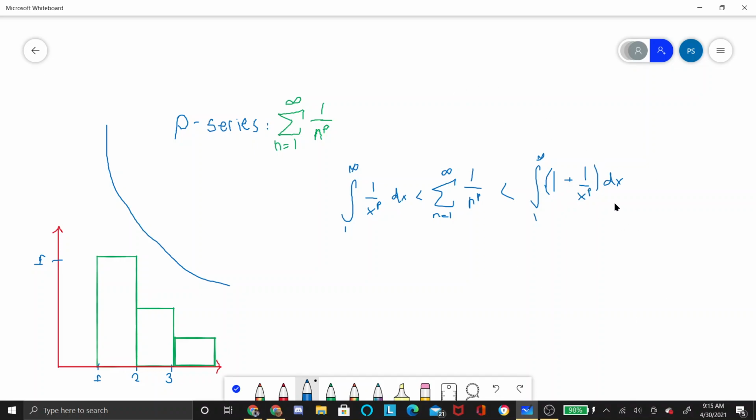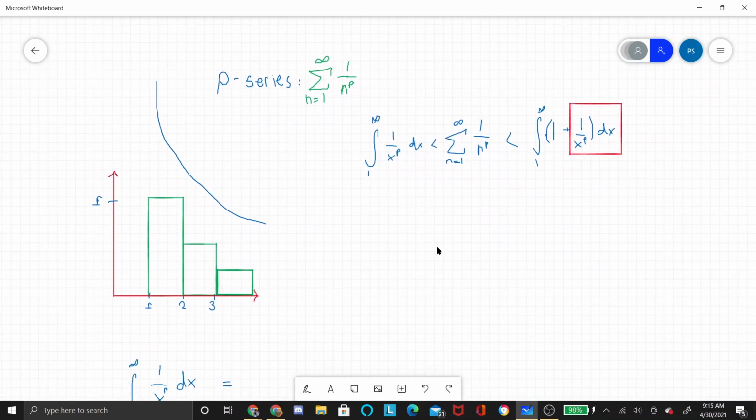So all we really care about is if this last part, 1 over x to the p dx, is convergent, and then we just add 1, it's still convergent. So we've kind of gone back to our first scenario. We've just proven that if we take the integral of this relationship, and we prove it's convergent, then we've also proven that our infinite series is convergent.